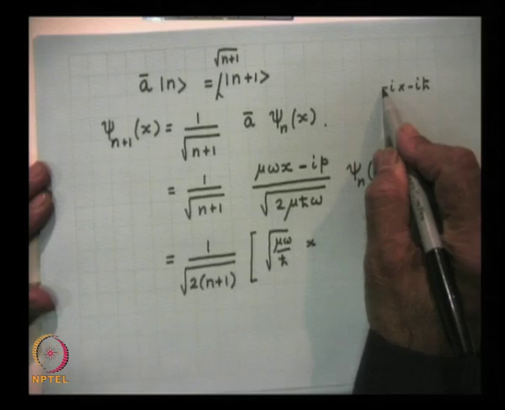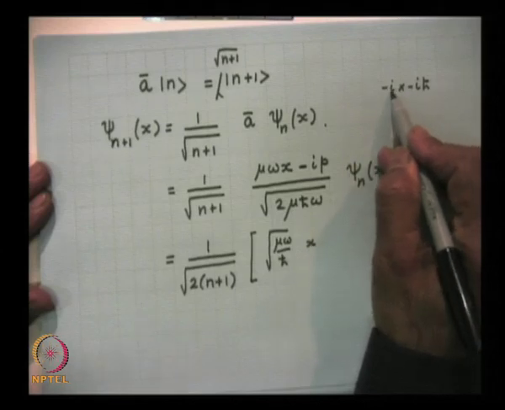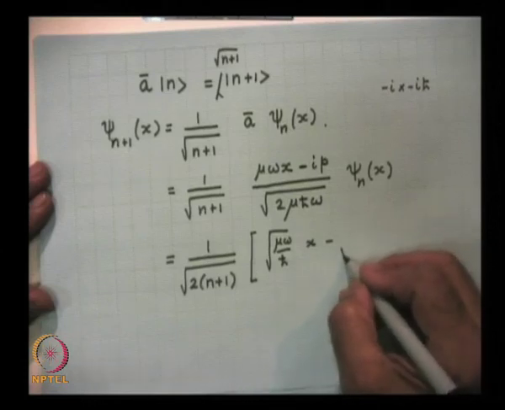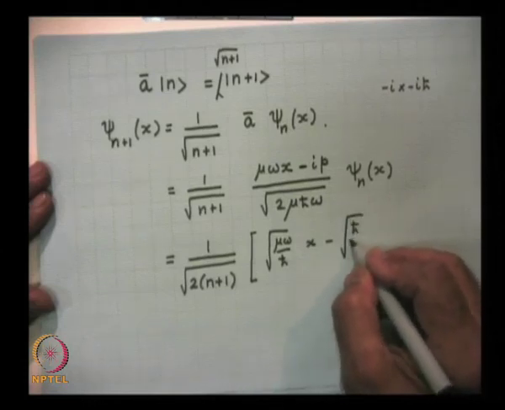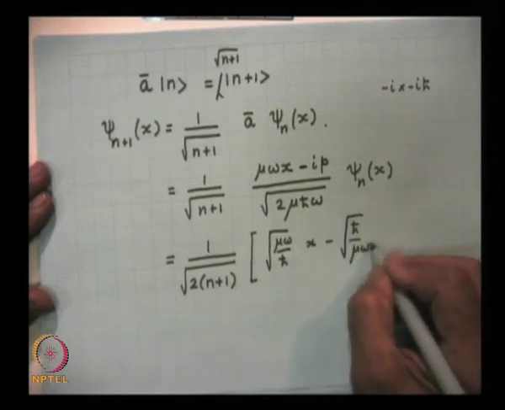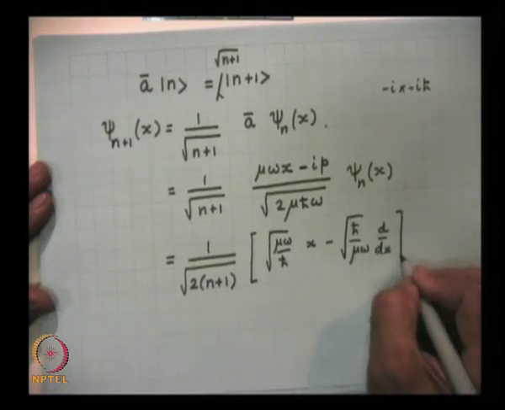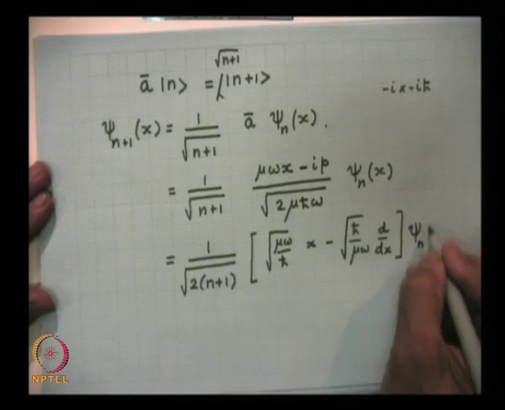So, this will be minus minus plus and i square is minus 1. So, h cross by mu omega d of dx psi n of x.